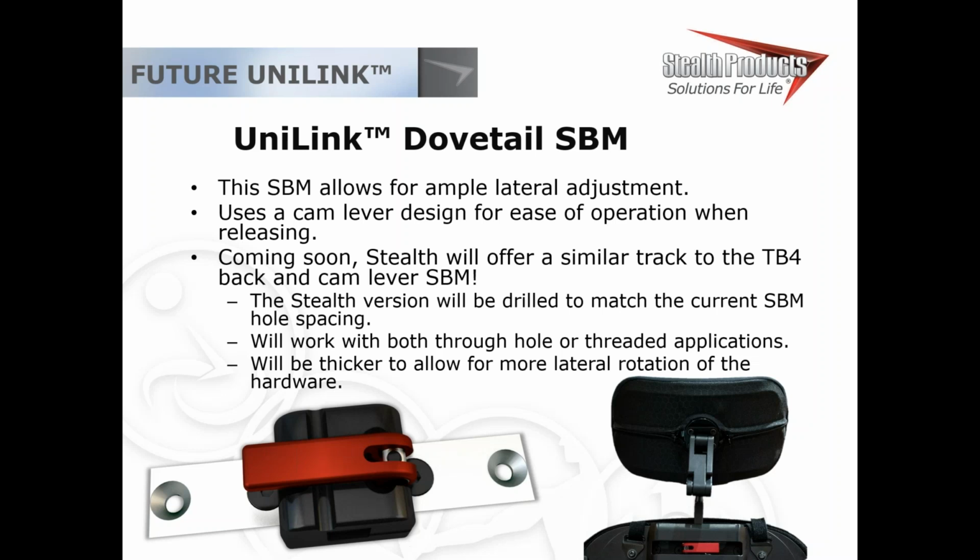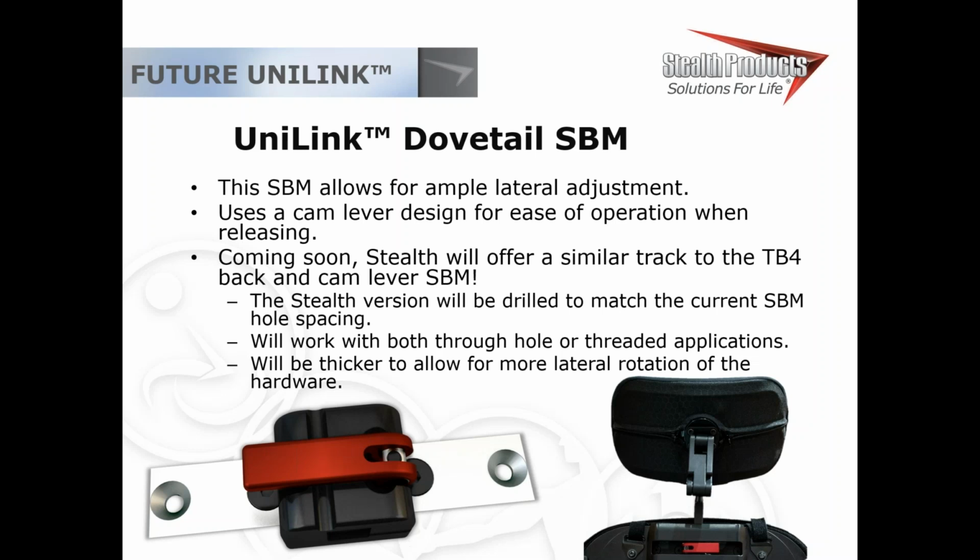They only line up with Quantum's new backrest. They don't line up with anything else. So Stealth is going to make a version that is a little more universally spaced on the hole pattern. We're also going to make ours a little bit thicker. If you drop your headrest far enough on that thickness of a dovetail mount, the top pad mount, or bottom pad mount I should say, comes very, very close to your back shell.